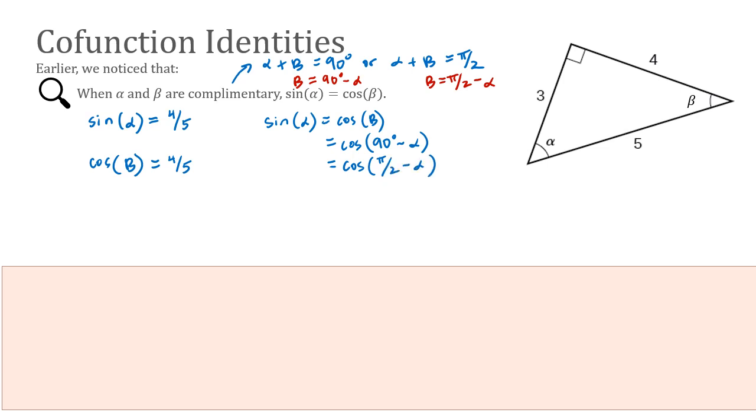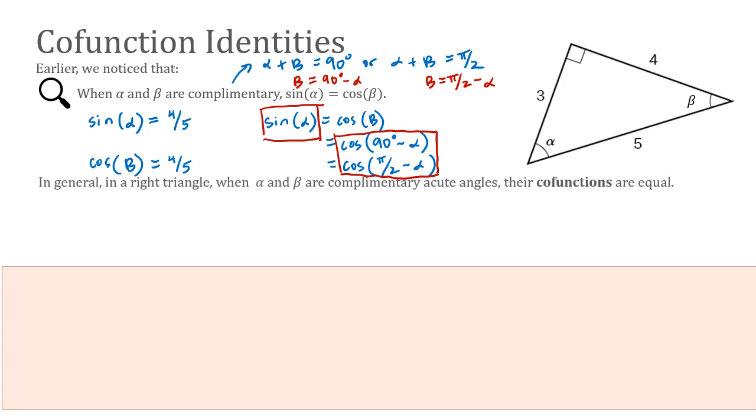Now, what that does is it's another way of writing this relationship where I only have to know the value of one angle instead of having to know something about alpha and beta. So here is the formal definition.